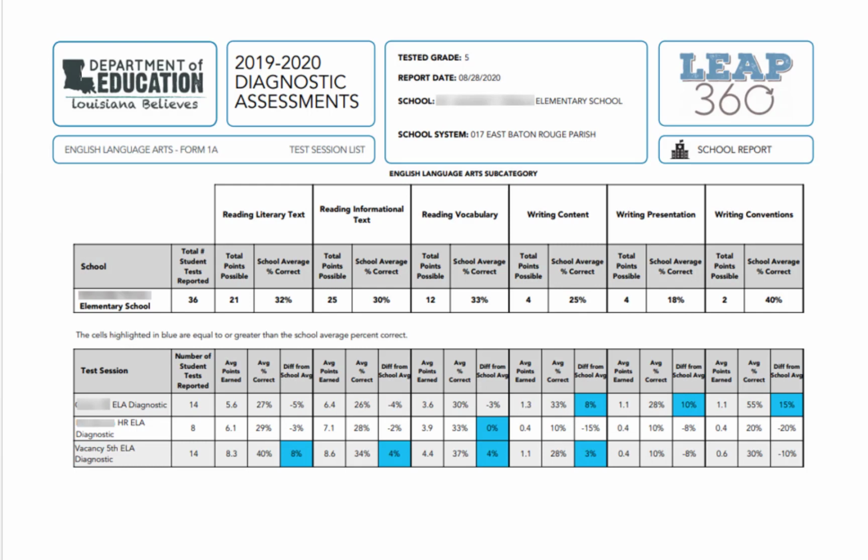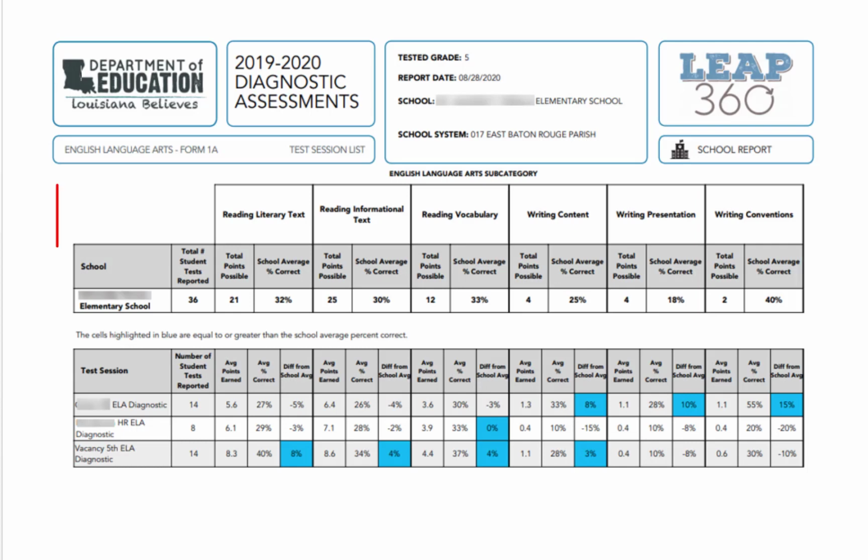For writing presentation, there were 4 points available, and the average percent correct is 18%. For writing conventions, the total points possible was 2, and the average percent correct is 40%.